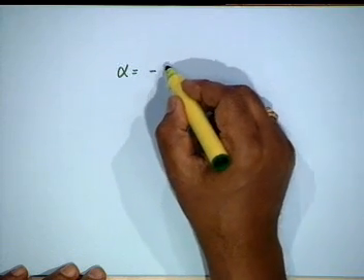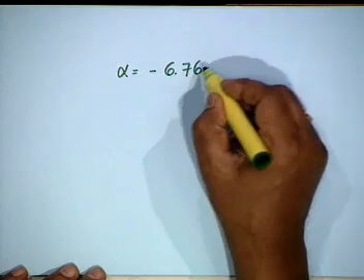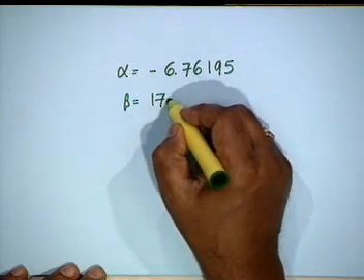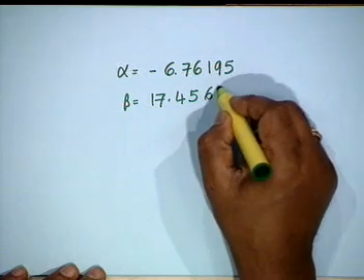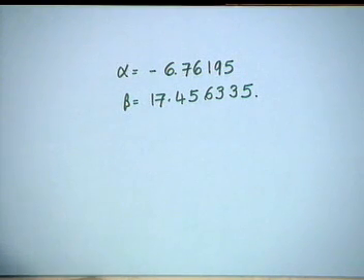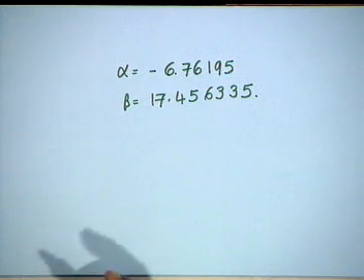This 0.1 is in radians, and therefore, by solving this, one finds alpha equal to minus 6.76195 and beta equal to 17.4563335. With these values, you can verify that beta plus 2 alpha cosine omega remains positive between 0.1 and 0.4. That is all that we are concerned with. It remains positive.